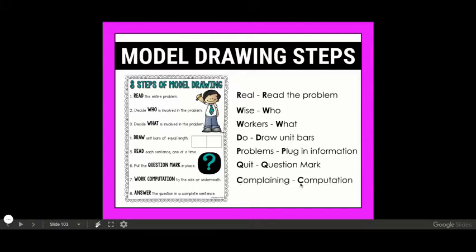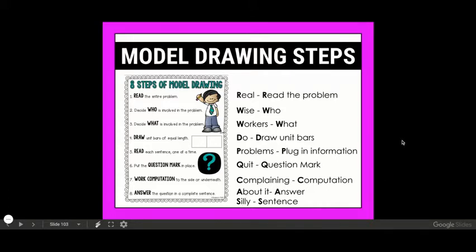Complaining stands for the computation, which is our number sentence. About it is our answer. And silly is for our sentence. So real, wise workers do problems, quit complaining about it, silly.